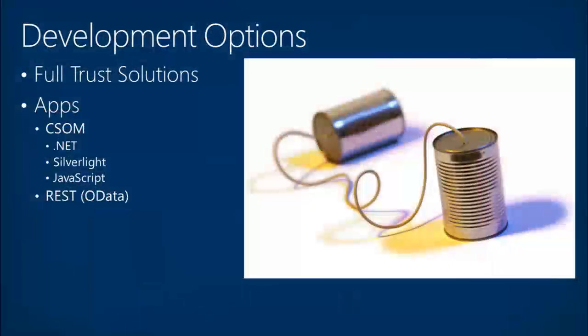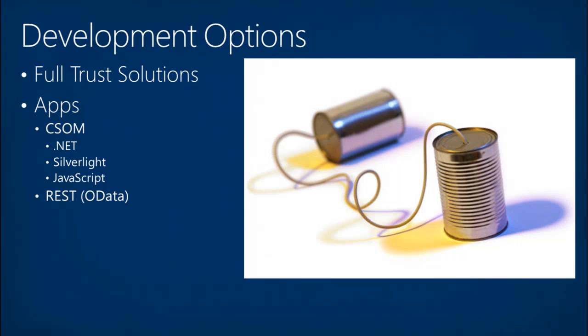So developing apps for SharePoint, there are two basic options that we have out there. We have full trust solutions, and we have apps. And this new app model is pretty much the main focus of this whole week because it's a big, huge change.